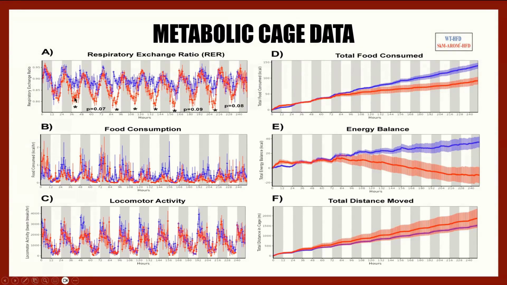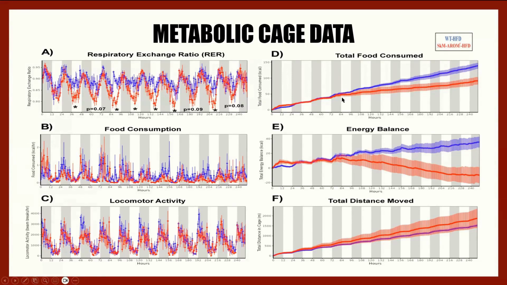So we saw changes in RER very early on, where food intake was not impacted until after 72 hours, suggesting that whatever happened, the leakage of E2 into circulation promoted fat oxidation, or promoted a lower RER, which suggests increased fat oxidation. Okay, we would obviously have to perform follow-up studies to conclude that.